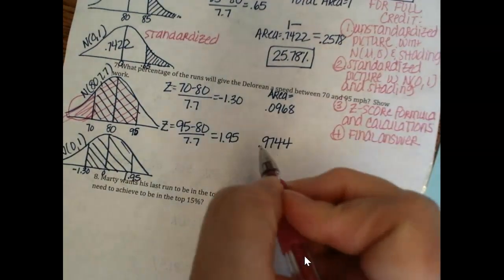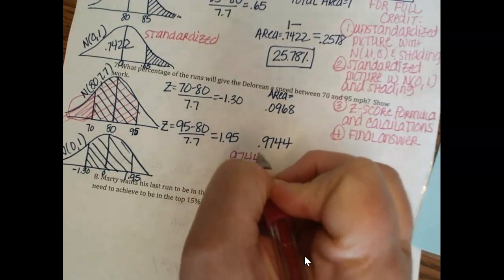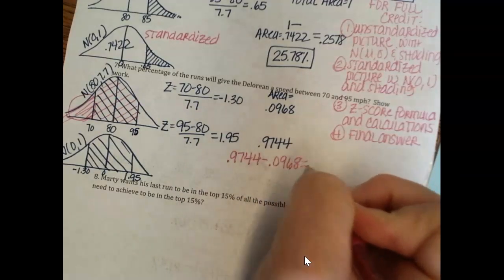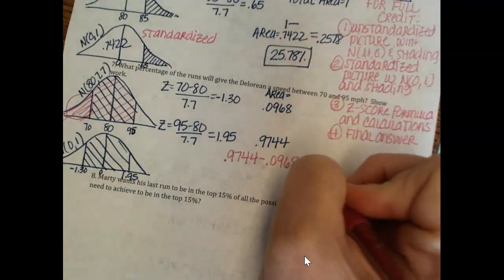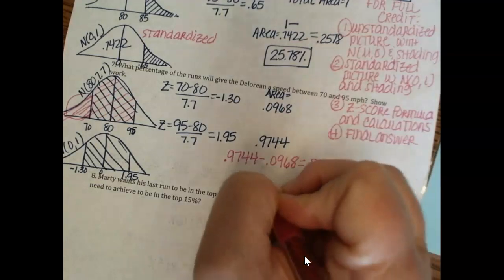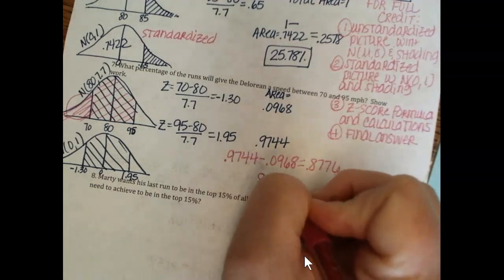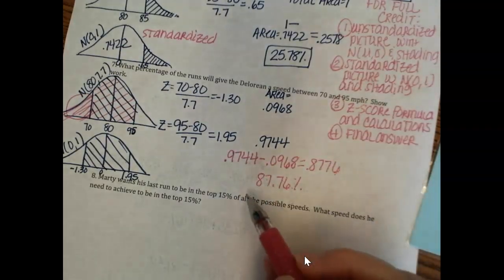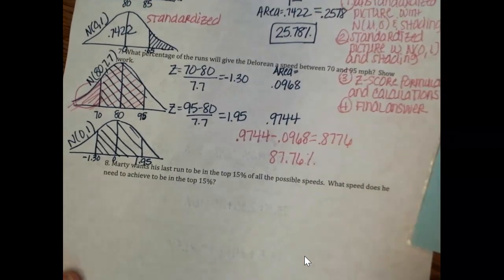What you need to do is take the larger area minus the smaller area, and that will take care of that overlap. And when I did that, I got 0.8776. So 87.76% of the speeds are between 70 and 95 miles per hour.